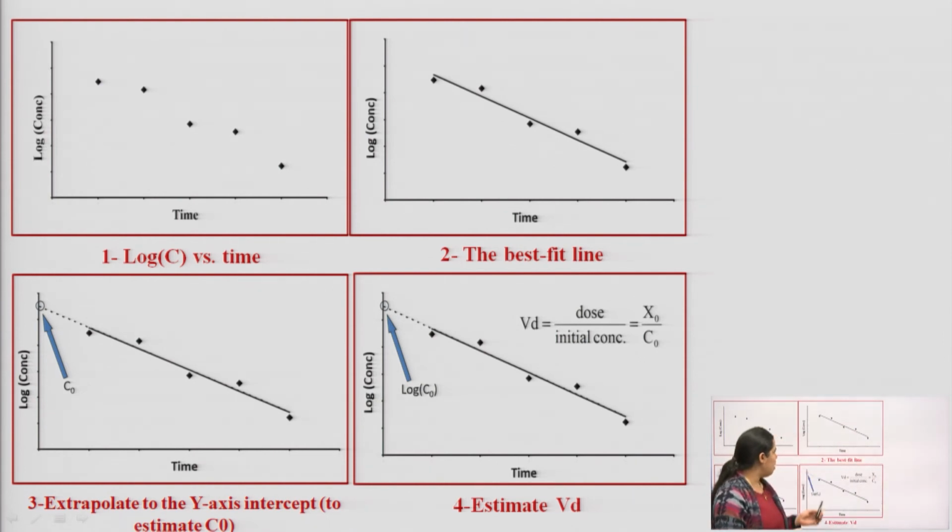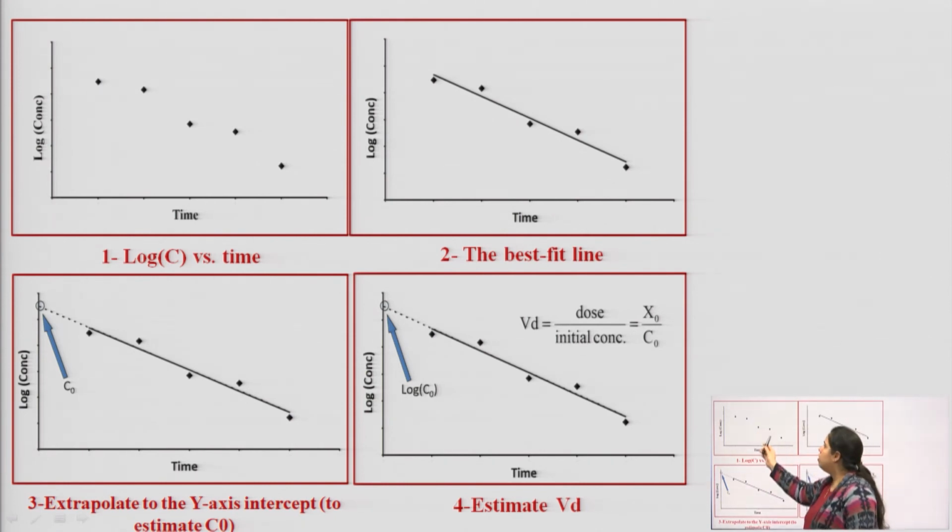In the log graph there is the best fit line, you add a trend line to the points of deviation or sample collections to see if there is any regression and deviation from the main point, and now extrapolate on the y axis intercept to estimate C0. Now, you can extrapolate from that point, C0 at time 0, what will be the concentration, right.